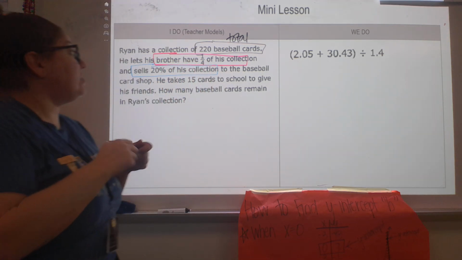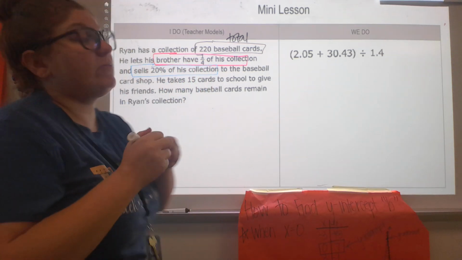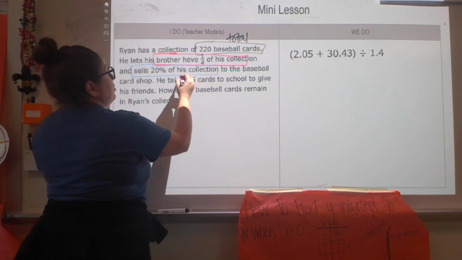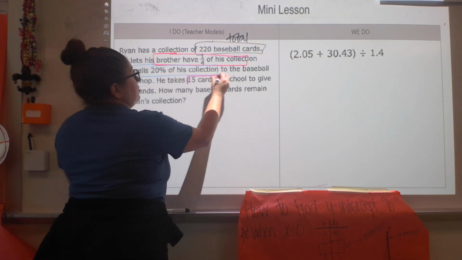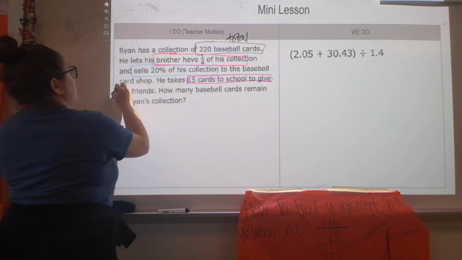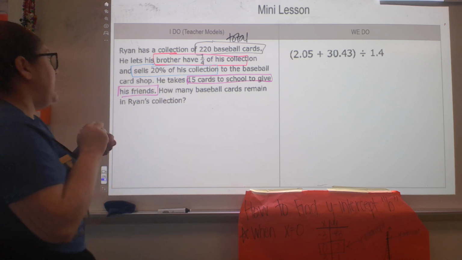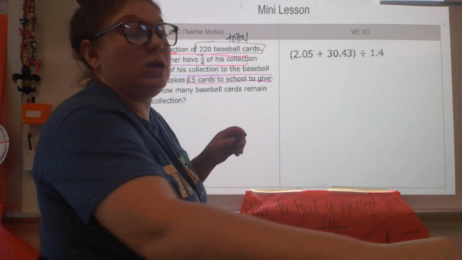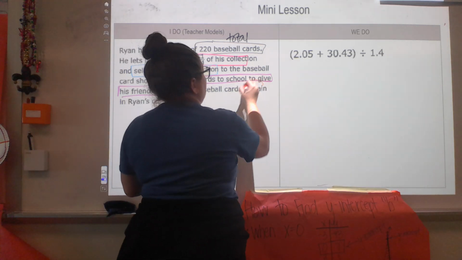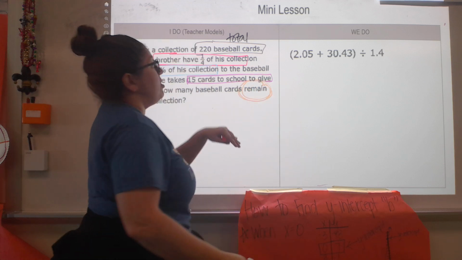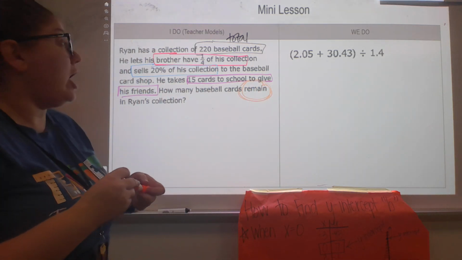All right, he takes 15 cards to school, probably gives them away to some girls. Okay, they want to know how many are remaining. So after all of that, how many does he have?